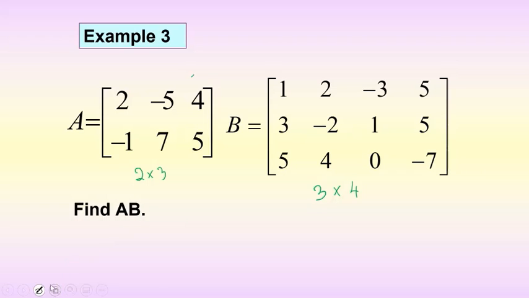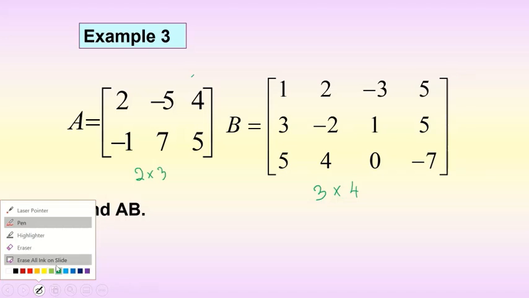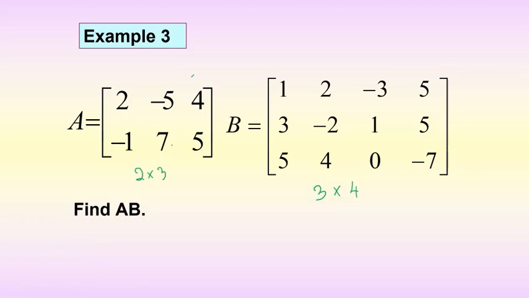Now we have to check whether we can proceed with the multiplication or not. Look at the number of columns of the first matrix A, because we have to find A times B. Focus on A first, and then from B we check the number of rows. These two are equal, so we can proceed with the multiplication process.